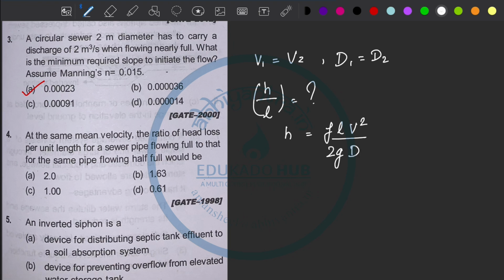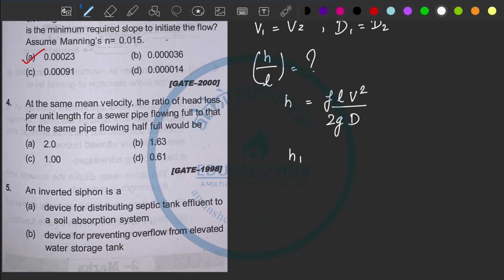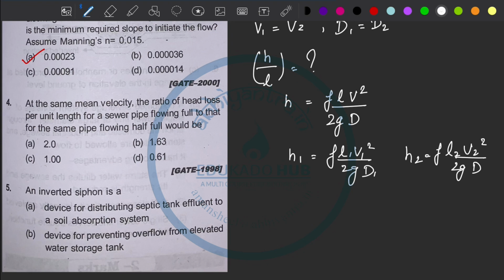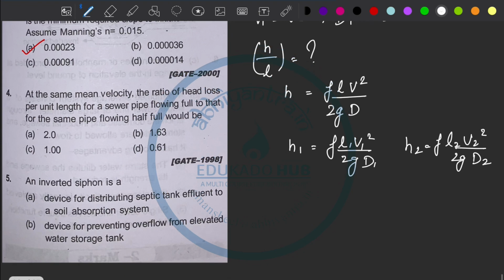For the first one, H1 is equal to FL1 V1 square upon 2G D1, and H2 is equal to FL2 V2 square upon 2G D2. If I get the value H1 upon L1, that is F V1 square upon 2G D1, equal to H2 upon L2.